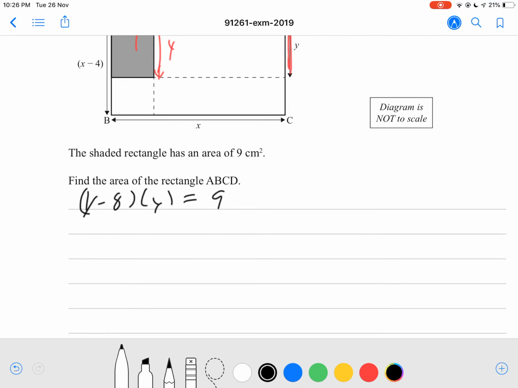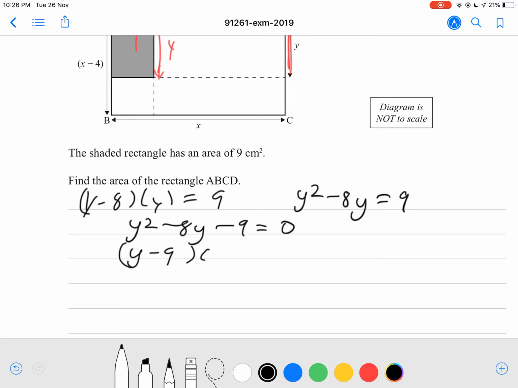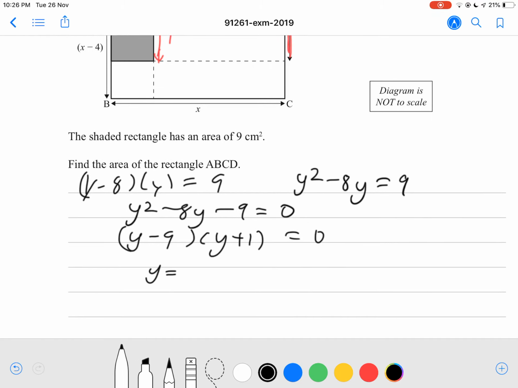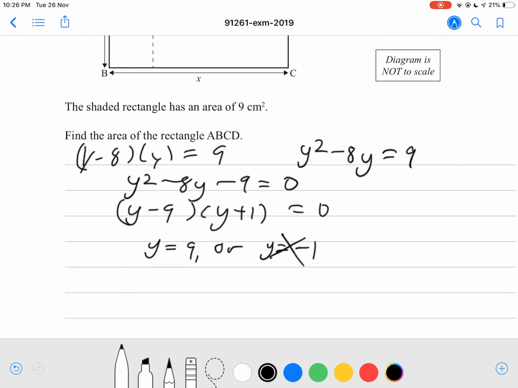So you can simplify: y squared minus 8y equals 9. y squared minus 8y minus 9 equals 0. And if you factorize this, you should get y minus 9 times y plus 1 equals 0. So therefore, y equals 9 or y equals negative 1. But y can't be negative 1 because length can't be negative.